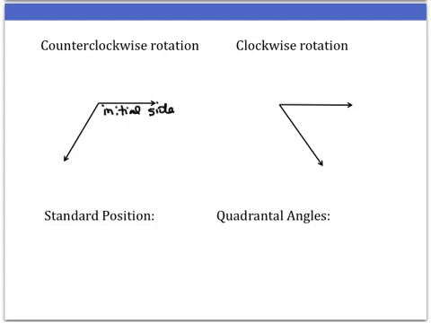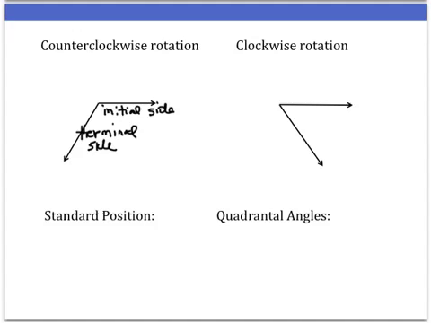And then the other side of our angle that's pointing down and to the left is the terminal side. That's where we end. So initial is where we begin, terminal is where we end. We think about something terminating, that would be the end of something like a job.